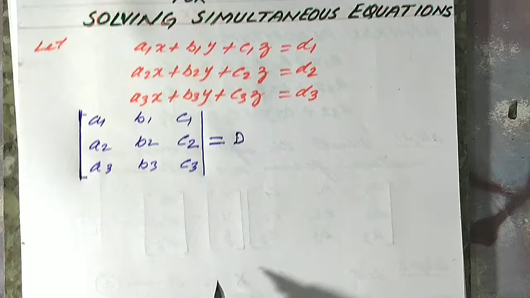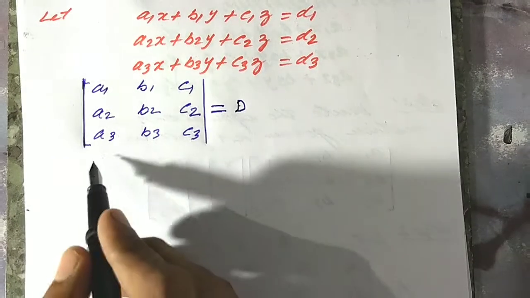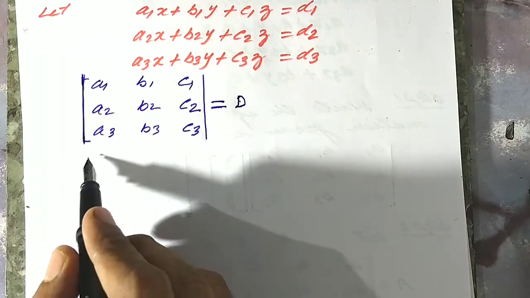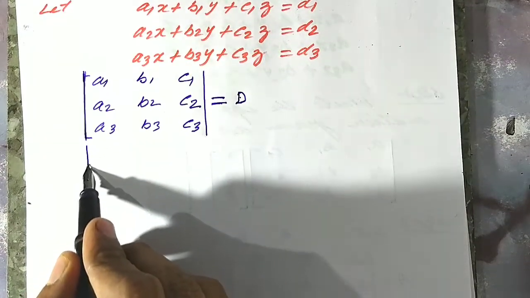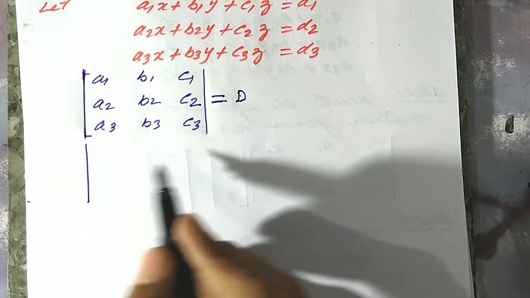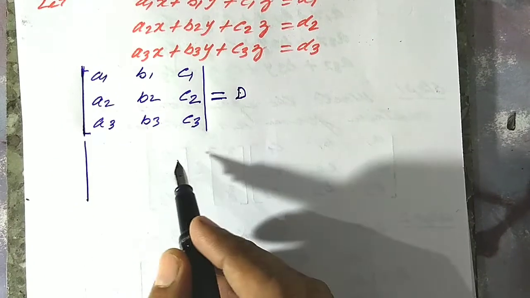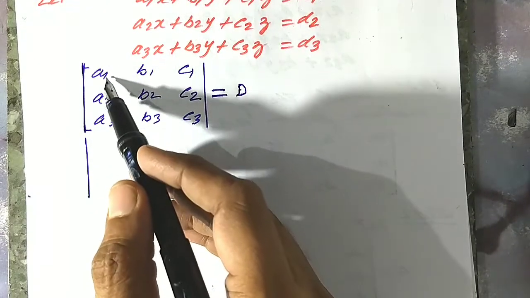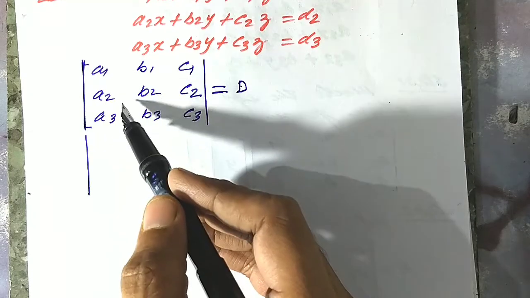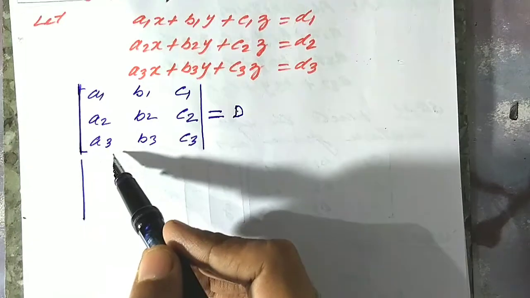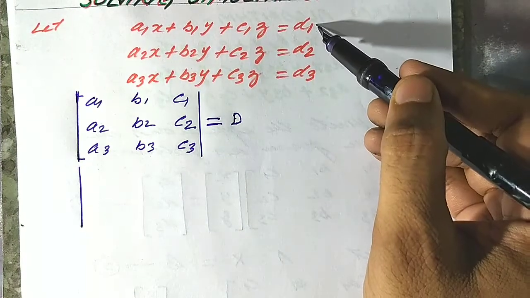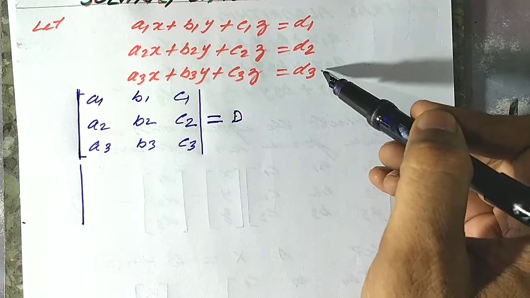Next, we need to prepare another determinant in which the first column, that is the column a1, a2, a3, is replaced by these constant terms of the equations d1, d2, d3.